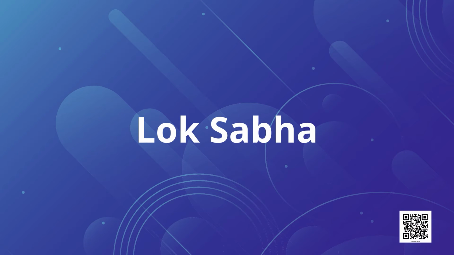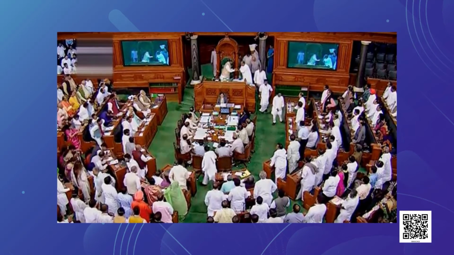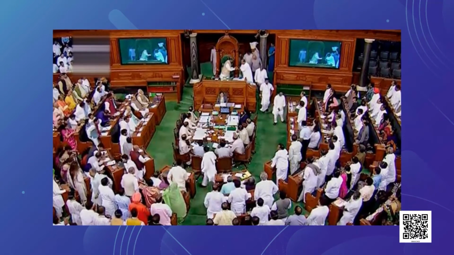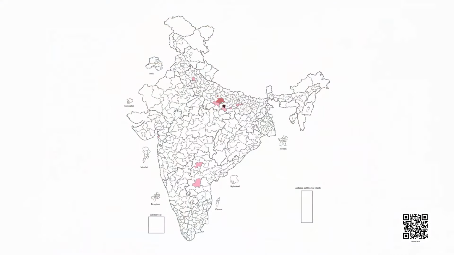Lok Sabha. The Lok Sabha is usually elected once every 5 years. The country is divided into numerous constituencies as shown in the map. Each of these constituencies elects one person to the Parliament.